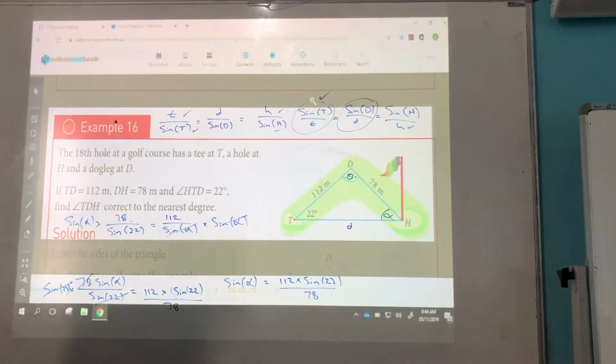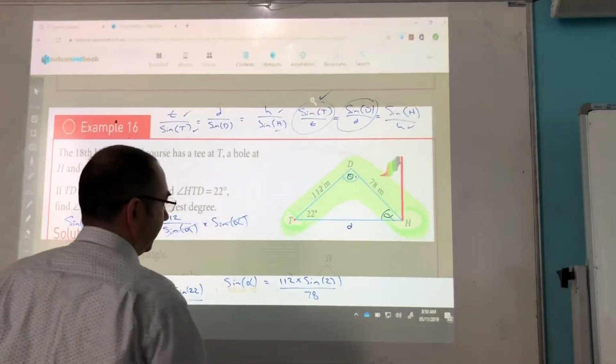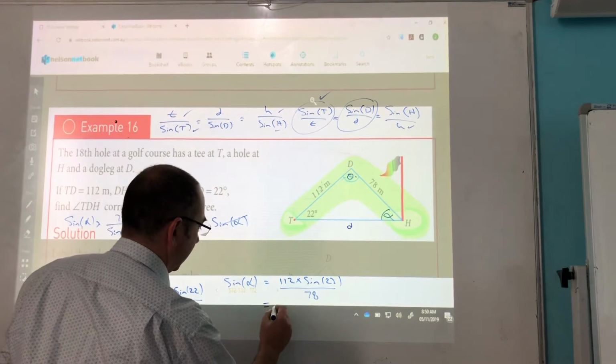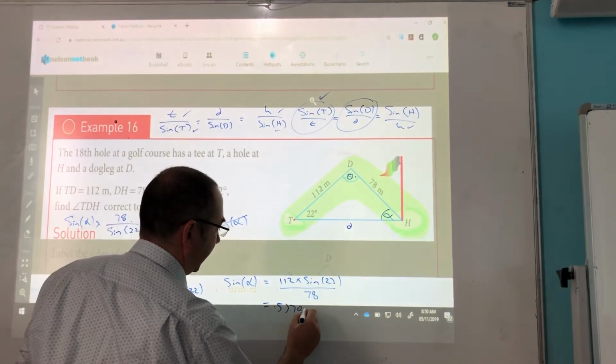Using the calculator that works this time. So I get 0.5378.